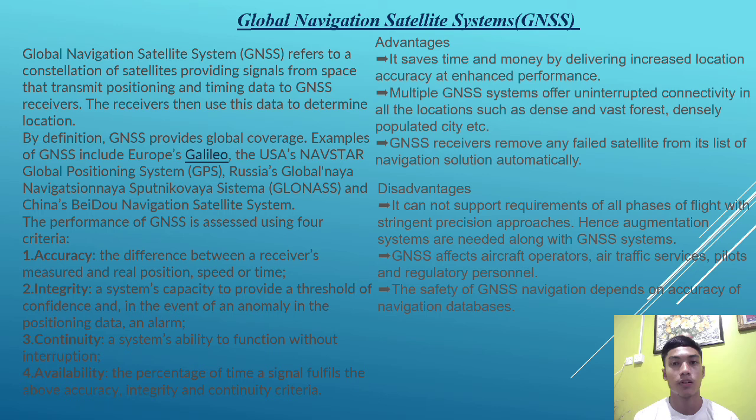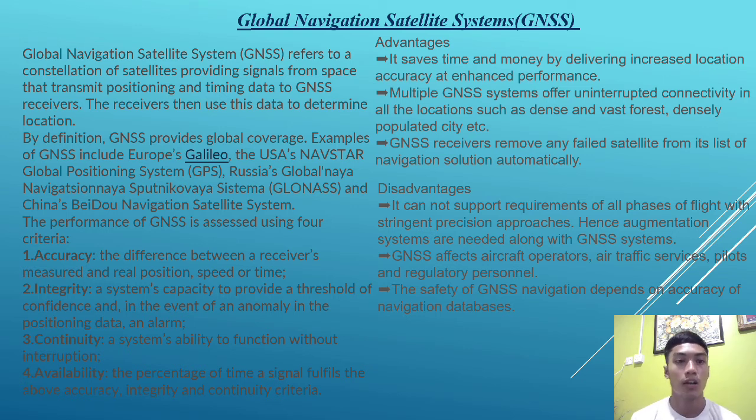Global Navigation Satellite System, or we call it GNSS. Global Navigation Satellite System refers to a constellation of satellites providing signals from space that transmit positioning and timing data to GNSS receivers. The receivers then use this data to determine location. By definition, GNSS provides global coverage.